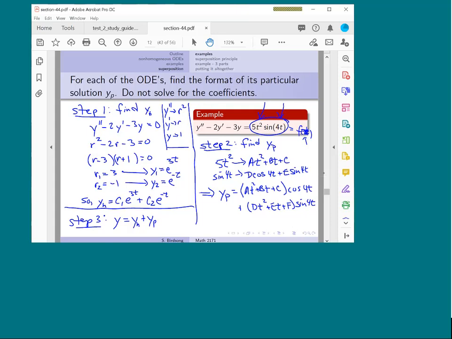So what I did is I simply took and multiplied the polynomial part, so this at squared plus bt plus c, on both the cosine as well as the sine term. And notice here I went ahead and changed these coefficients because the coefficient on the sine, if you originally called it whatever you called it, would be multiplied through on all three of the polynomial terms.